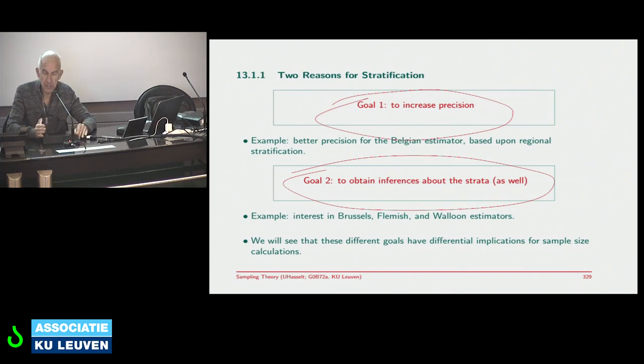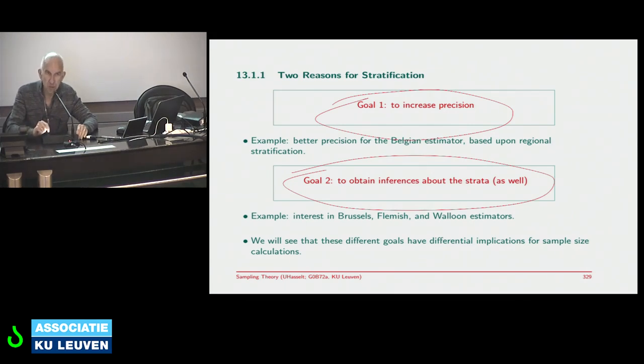For goal 1, it's better to have proportional allocation. So 60% Flemish people, 30% Walloon people, etc. For goal 2, it's usually better for all sorts of comparison reasons to have equal sample sizes. So, for example, 1/3 from Flanders, 1/3 from Brussels, 1/3 from Wallonia.